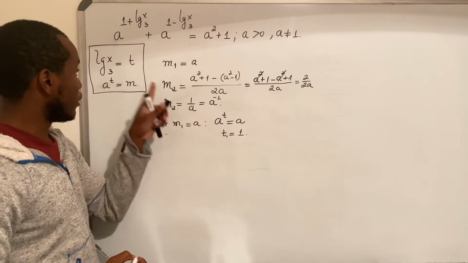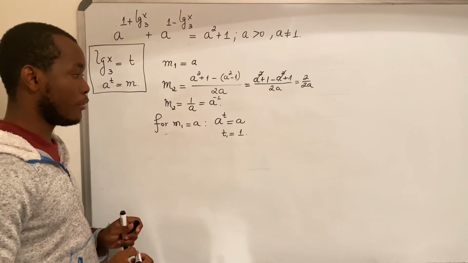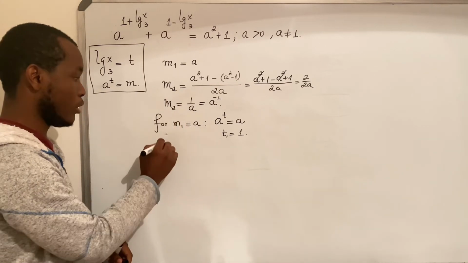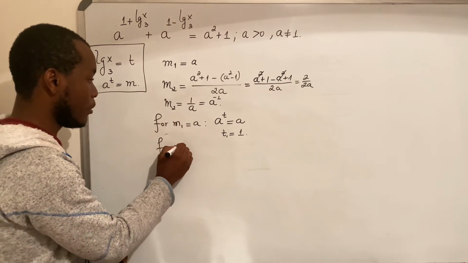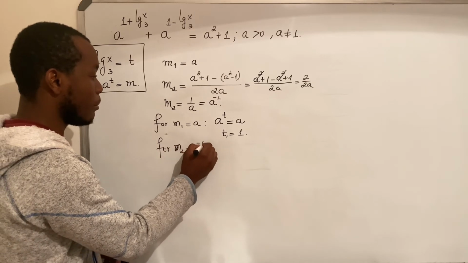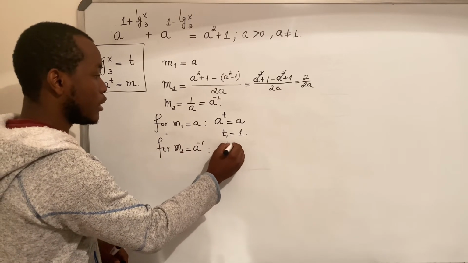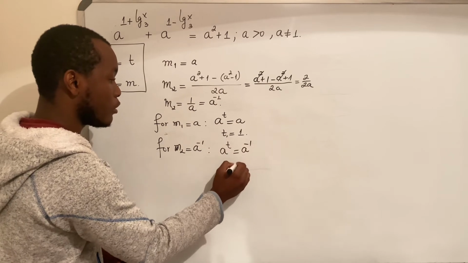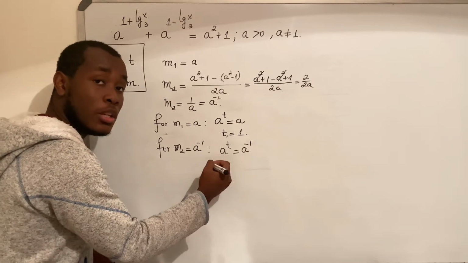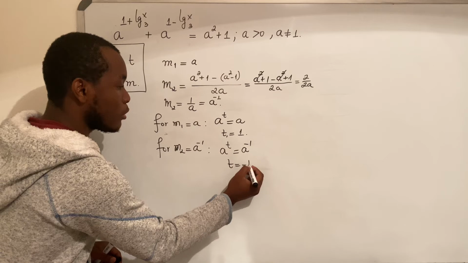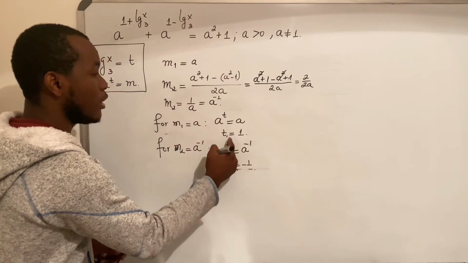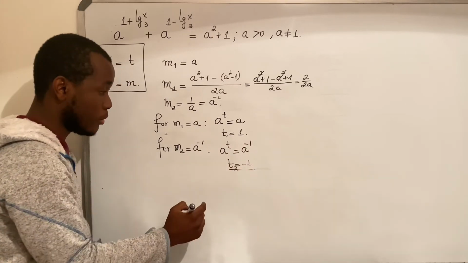Having the value of t, I substitute here to have the value of x, or I can still use m2. Let's use m2 now. For m2 equal to a to the power minus 1, we have a to the power t equal to a to the power minus 1. The bases are equal, so I equate the exponents. T will be equal to minus 1. So I have t1, which is 1, and t2, which is minus 1.